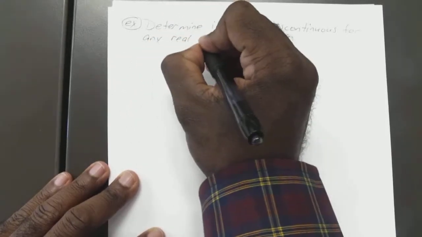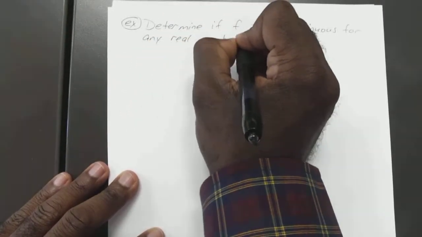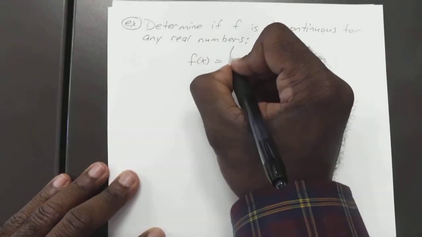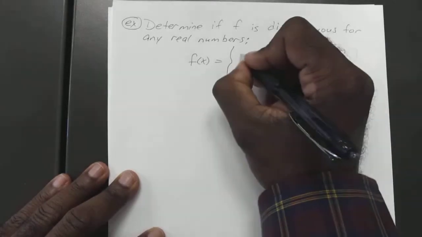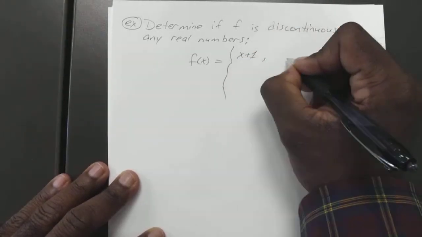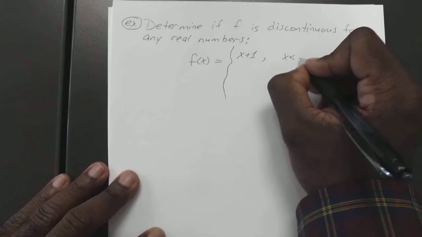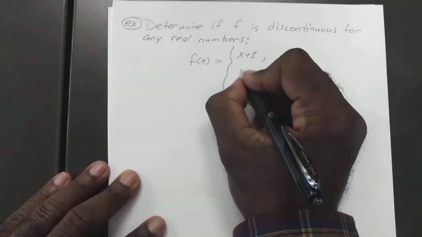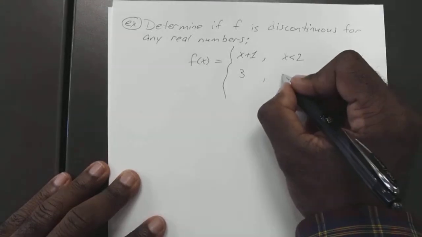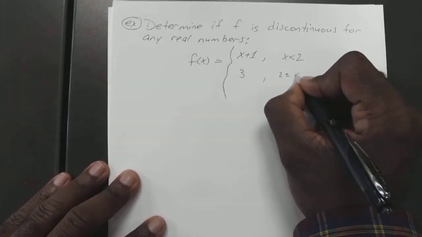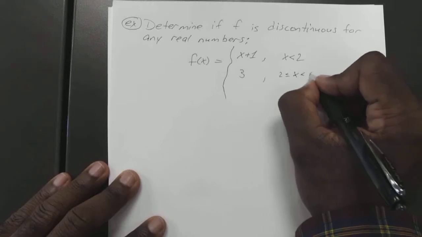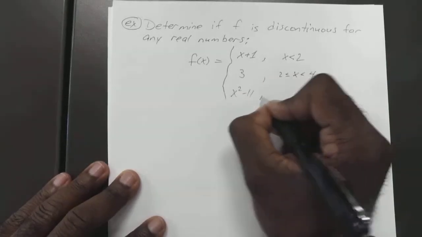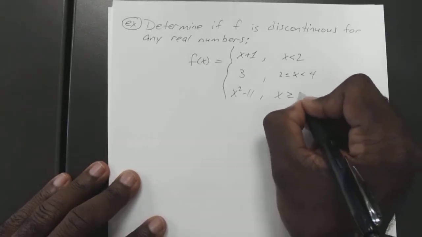Let's say your f of x is equal to x plus 1 if x is less than 2. F of x is equal to 3 if x is between 2 and 4. And f of x equals x squared minus 11 if x is greater than or equal to 4.